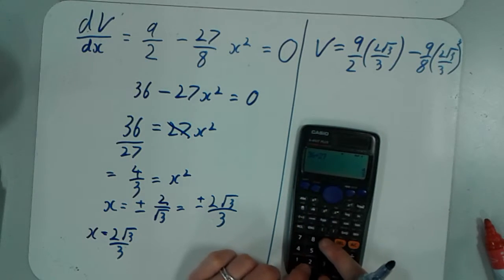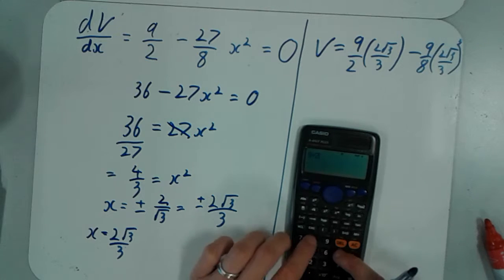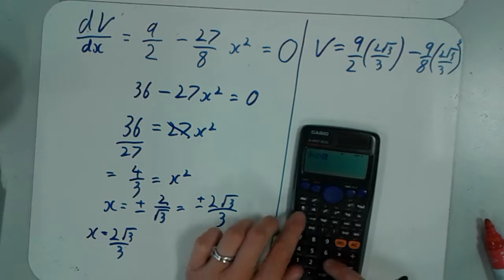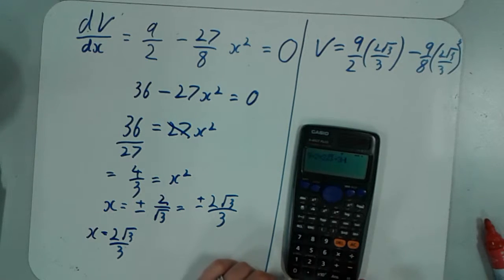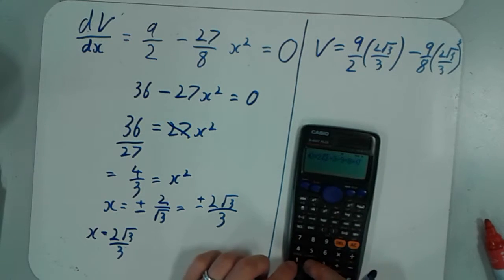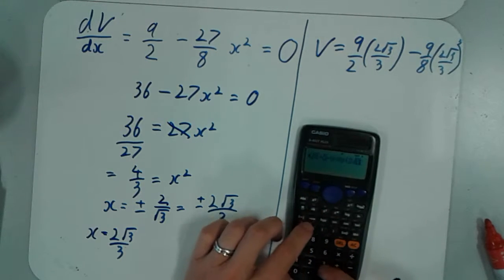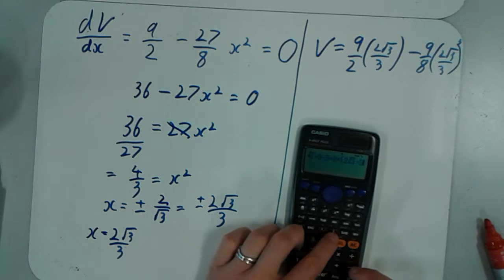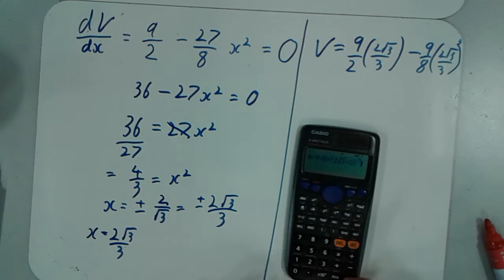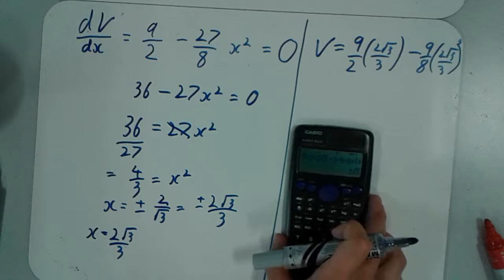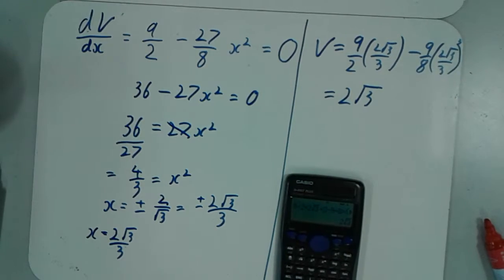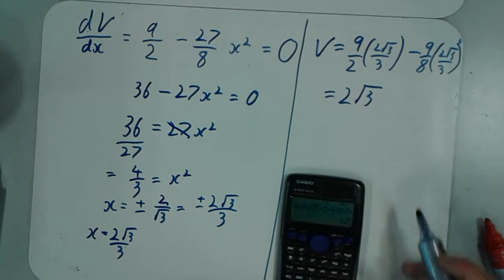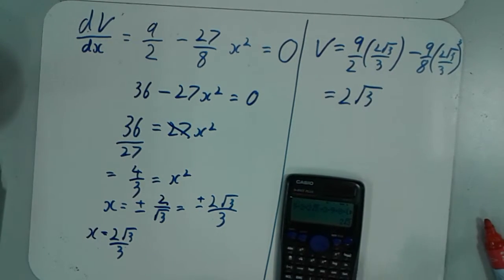So let's just put that in the calculator. That gives us a maximum volume of 2 root 3. So that is the largest possible volume I can have for this tank.